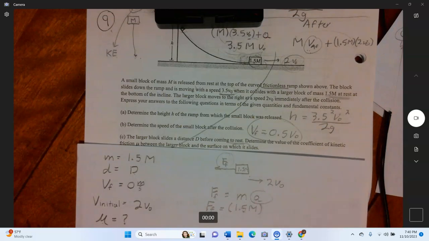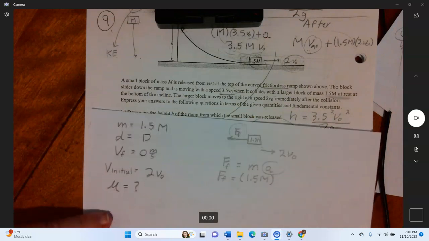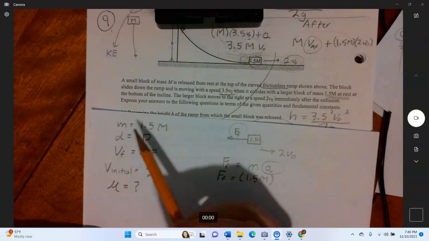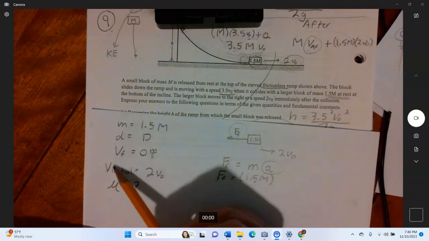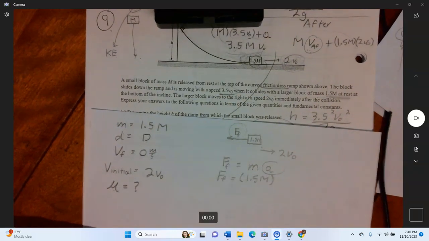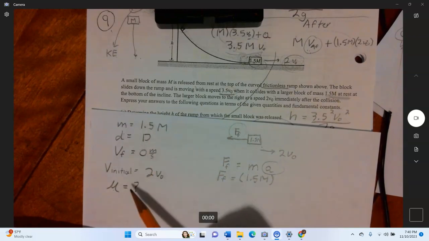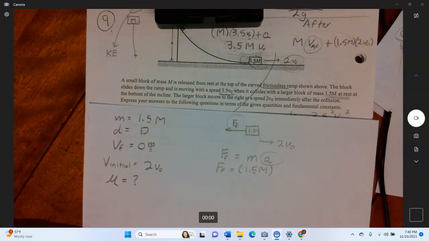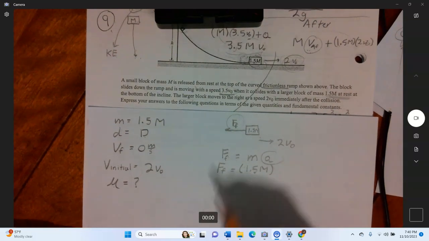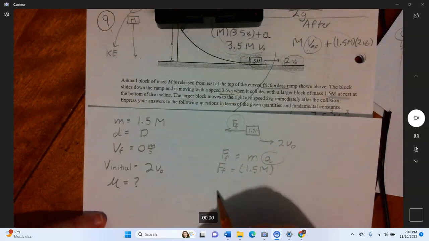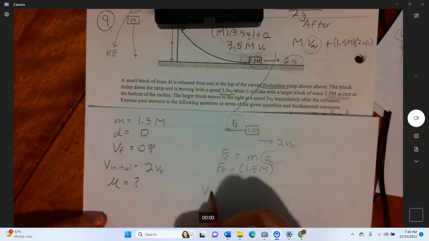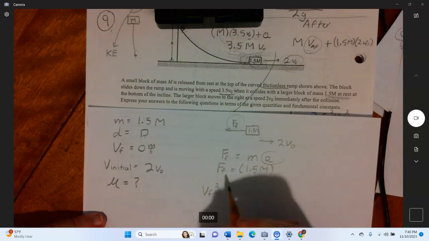But what's the A? How can we get it using this information? One of the reasons I want you to get used to writing variables out like this is because then the formula sometimes jumps out at you. Not always, but sometimes. In this case, the formula we want to use is one of the 5 kinematic formulas, which is this. VF squared equals, now be careful here, the formula uses V0.